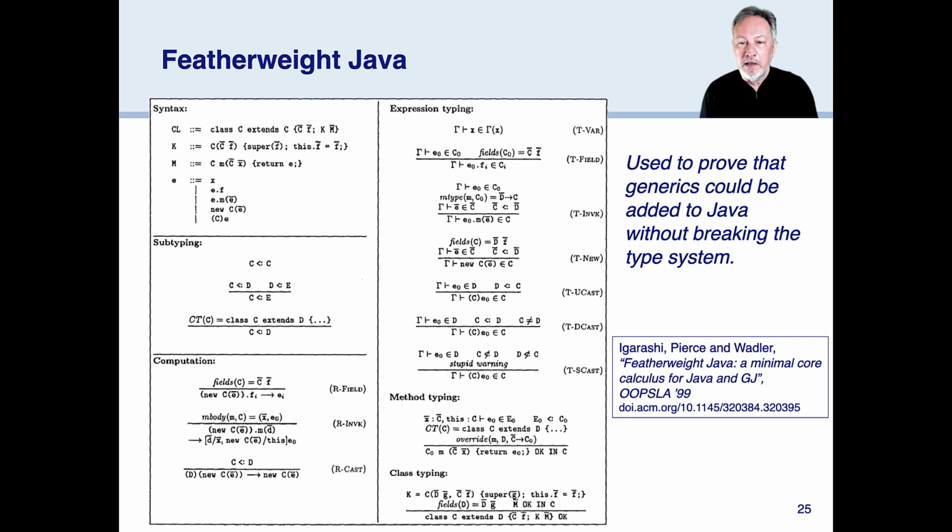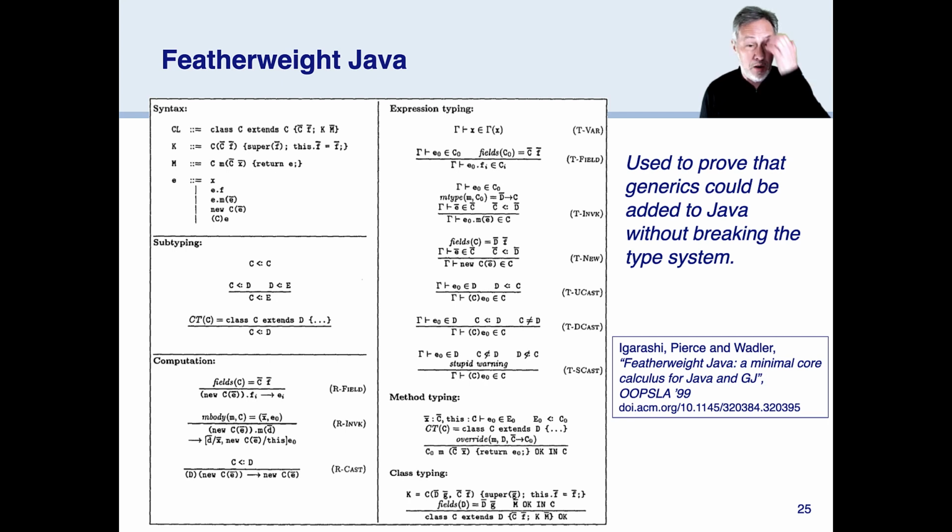Here we're modeling in this calculus only the core concepts of Java which are relevant for the type system. So we have classes, we have inheritance, we can define a super, we have constructors. The classes are the group CL, the constructors are the group K, we have methods M, and we have expressions E.